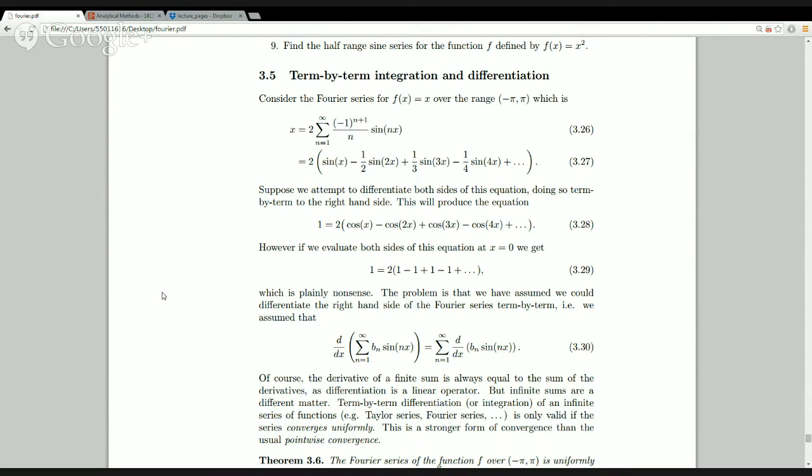But for today, we're coming back to section 3.5. So what do we have in section 3.5? Well, we start off with an illustrative example, and the example is incorrect.